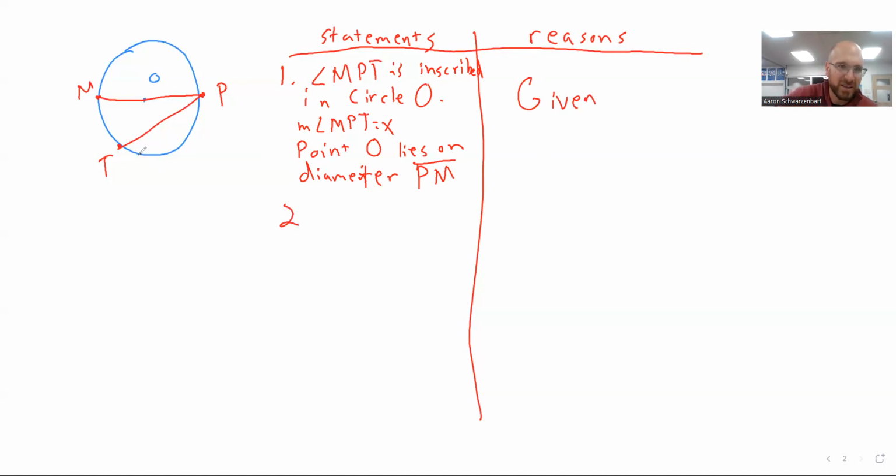What we're going to do then is connect TO. So this is X. They told me that. Connect OT, O and T, to form radius OT. So that is a radius of the circle. It goes from the side to the center. And that is justified with construction. You can always construct.